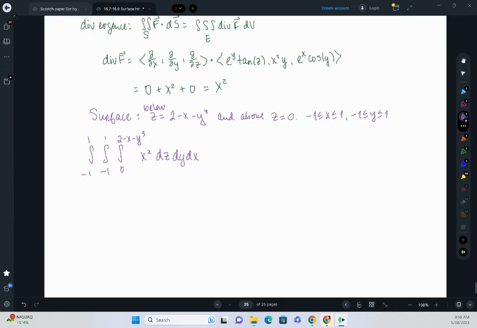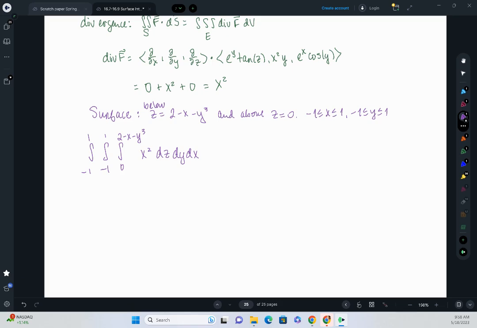All right. Antiderivative with respect to z is going to give us, and also I'm going to do this slightly differently. I'm going to go with kind of our old school way of doing things where I break this up into 3 to help myself stay organized. All right, so for my inner one, that's my a, I'm looking at the integral from 0 to 2 minus x minus y cubed of x squared dz.